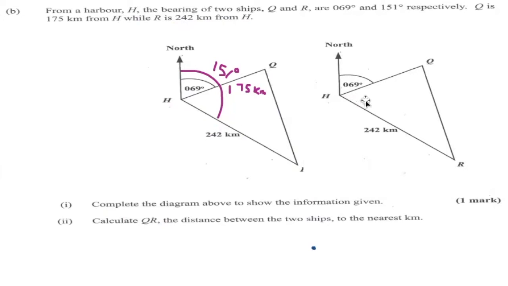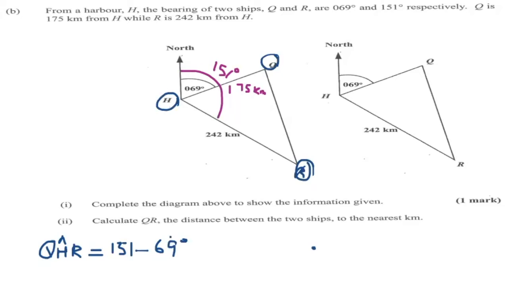Now here I need to find the angle QHR. I'm given that this is 151 degrees, and the small portion that I need to find is QHR. To find QHR, I could just find the difference, because from the north line to the line HR is 151, and the small angle 069 is just a small portion.